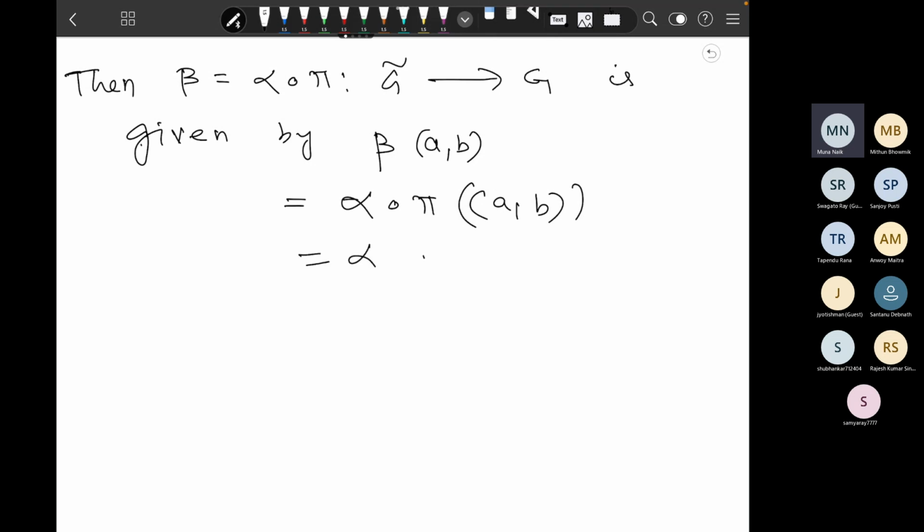So this is really alpha of (A, B) dot O, and (A, B) dot O will go to A B inverse. Beta of (A, B) is really A B inverse.